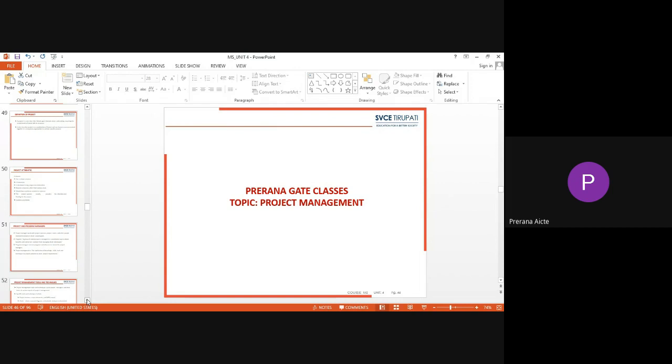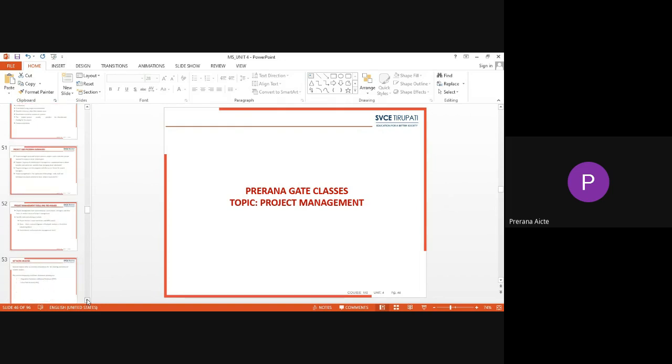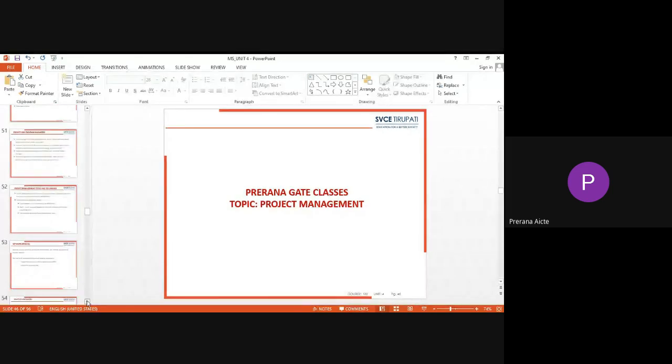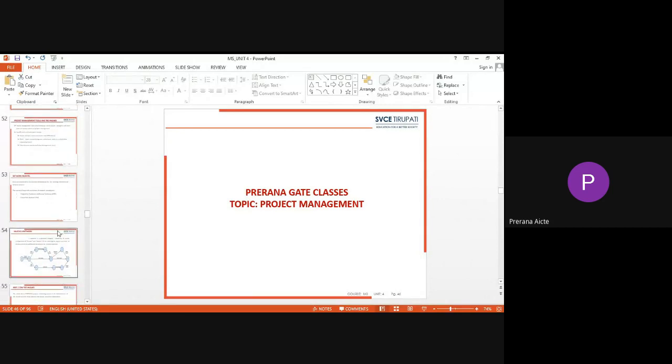It was started after the Second World War. The main techniques which we are going to study today, the critical path method and the project evaluation review technique, are the most important techniques which are used for project management and also to estimate the project duration.